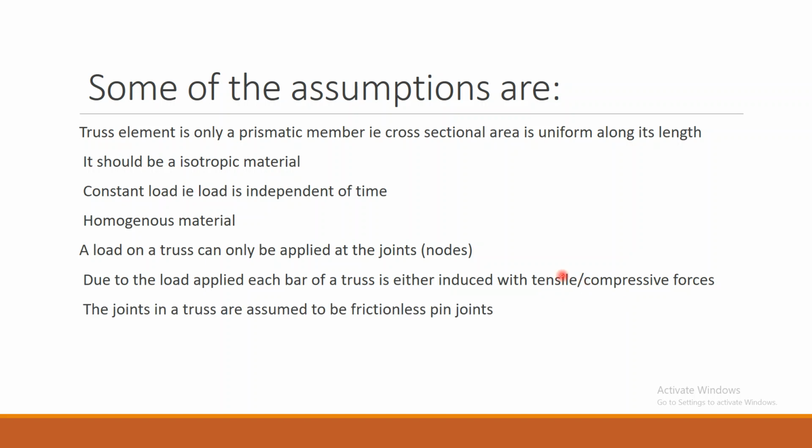Yes, the next thing is the joint in a truss member is assumed to be frictionless or a pin joint, meaning there are no such stresses developed at the joints. And the weight of the bars or the trusses we are going to neglect. Okay, these are the variety of assumptions that we are going to take, and you need to remember all this.